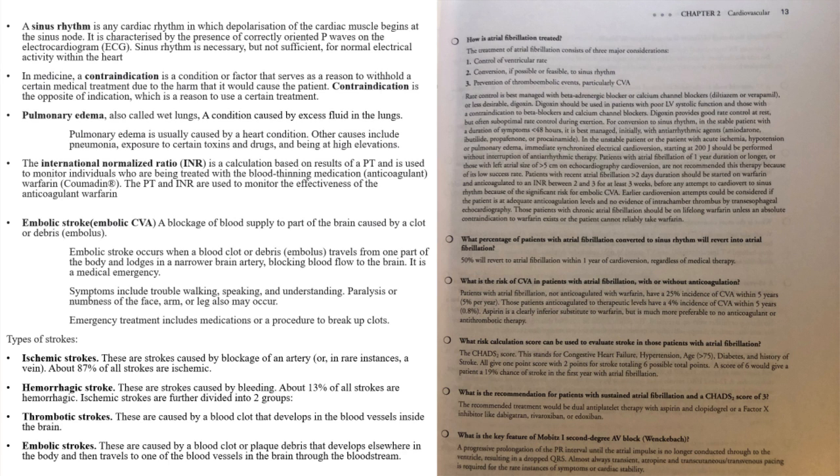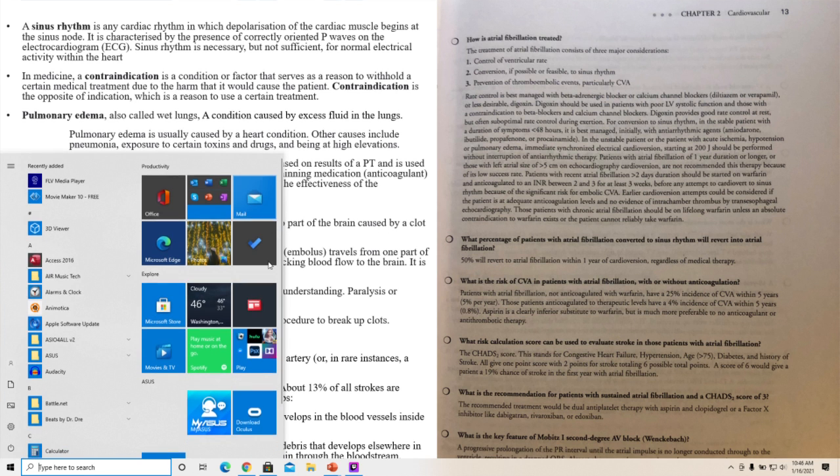I think that's what it means initially. Patients with atrial fibrillation of 1 year duration or longer, or those with left atrial size of more than 5 centimeters on echocardiography, are not recommended this therapy because of its low success rate.